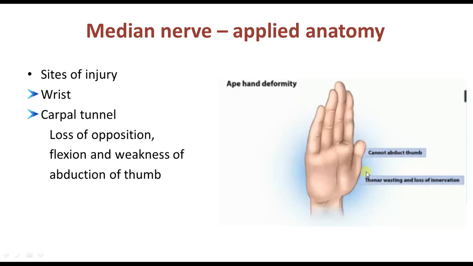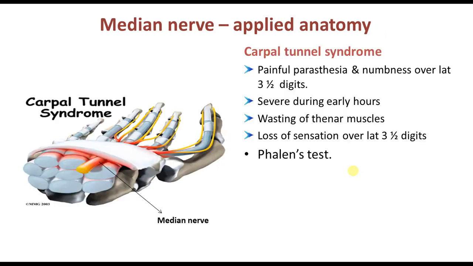But the cutaneous sensation of the skin over the thumb and the central palmar skin is not affected, because the palmar cutaneous branch passes superficial to the flexor retinaculum. So that branch is not damaged. So that is the ape thumb deformity.